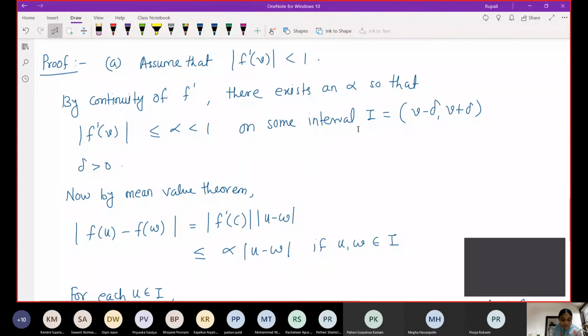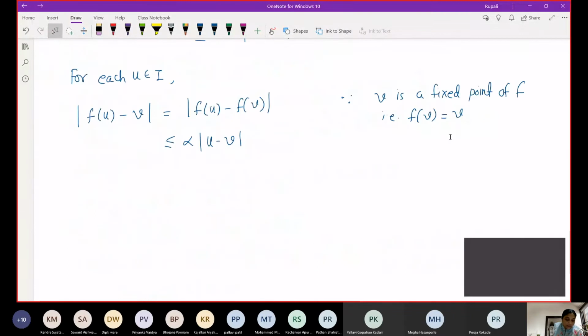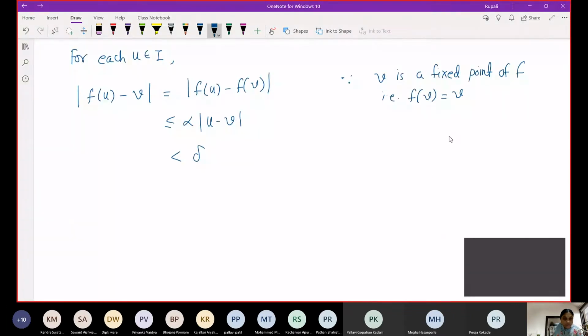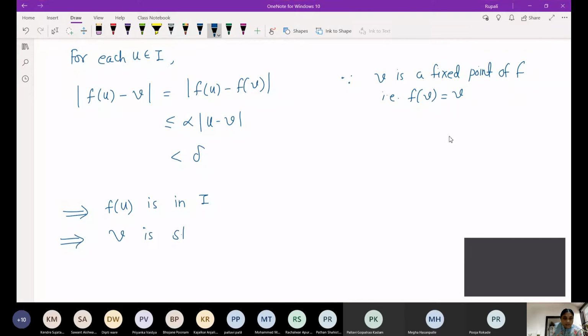V minus delta, v plus delta. So this implies fu is in I, and this implies v is stable.